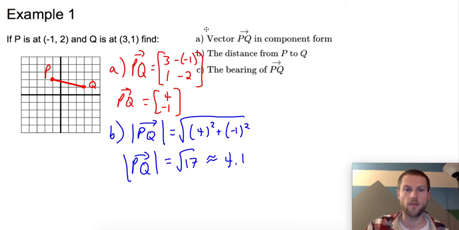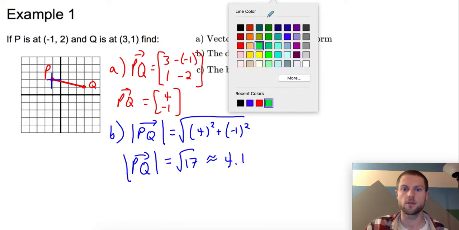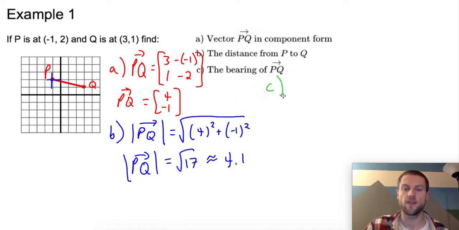Again, we have to think about drawing a compass where my vector is emanating. If I want to find the bearing of this, I want to find how I get from north to this vector. What I can do is think about the little tiny right triangle that I can make with my horizontal and vertical components. So remember, this has a horizontal component of 4 and a vertical component of -1.